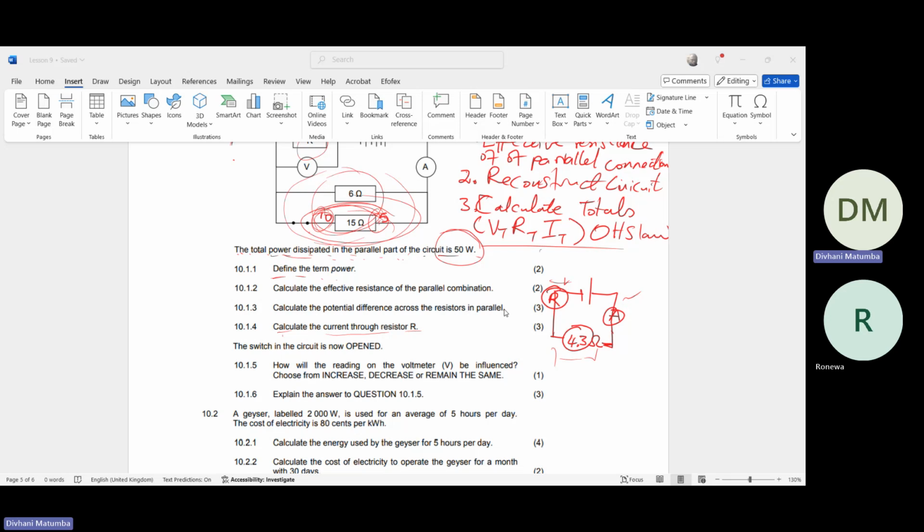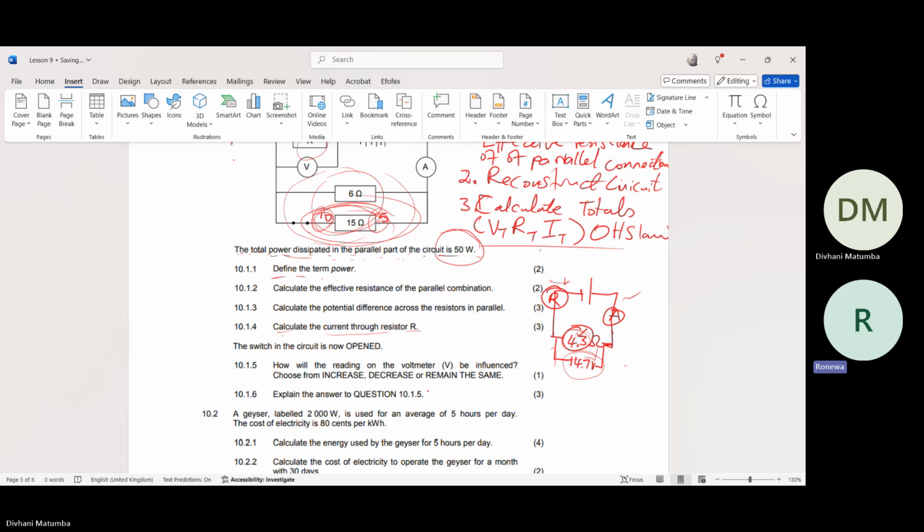You agree? Yes. So whatever we got in 10.1.3 is the potential difference across the parallel connection. So if we know the potential difference across this resistor, and we have the resistor, can't we get the current?